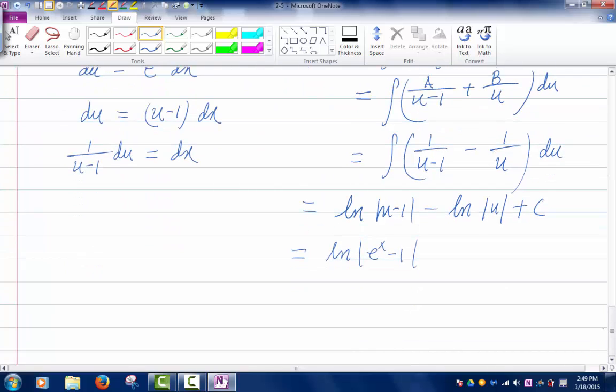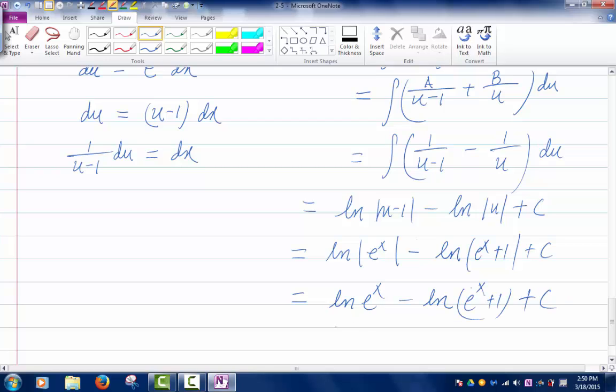So this would be ln of e to the x minus ln of e to the x plus 1, plus C. In fact, I do not need the absolute value. What's the first thing here? This is just x, right? Okay, I'm going to just stop here.